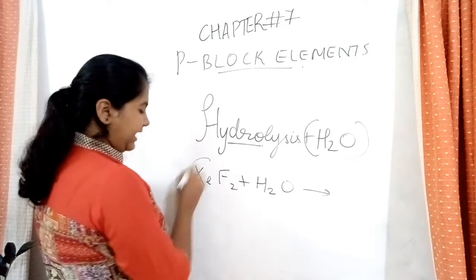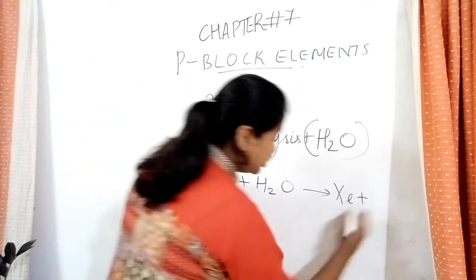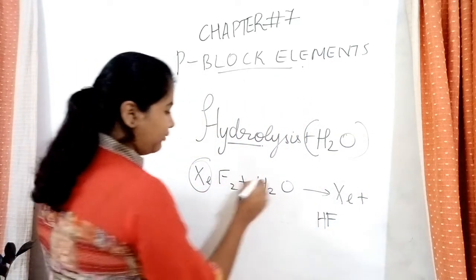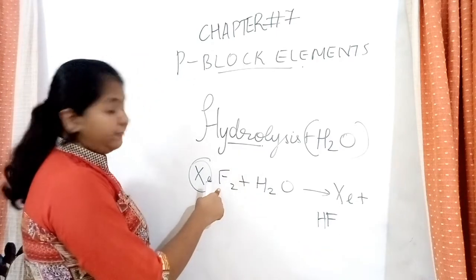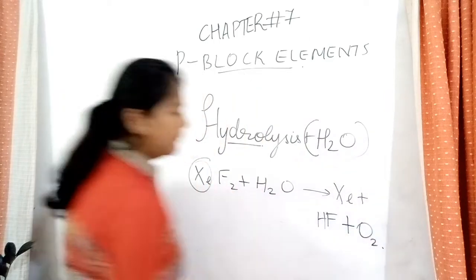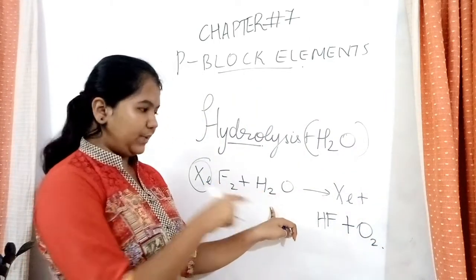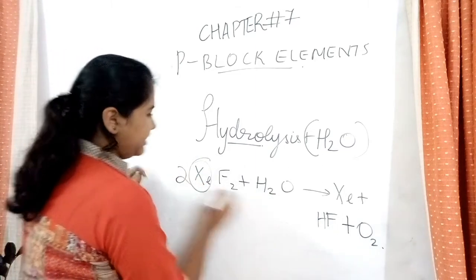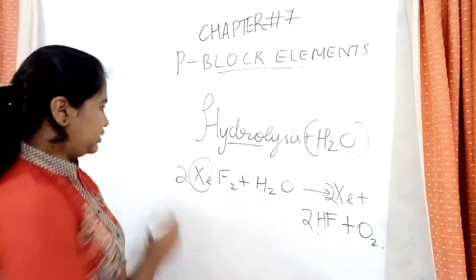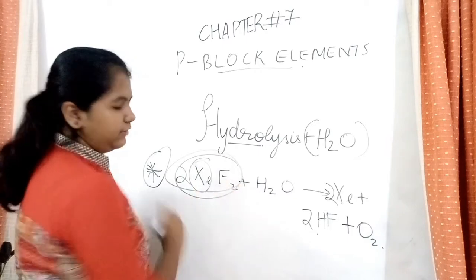We have Xe, xenon, being formed, plus HF, and we have O2. So how do you balance this equation? You put a 2 over here, again a 2, a 2. Isn't it balanced? This is the balanced equation for the first one, XeF2.